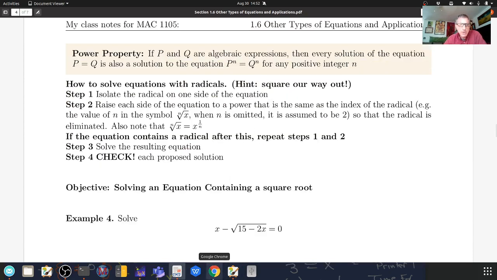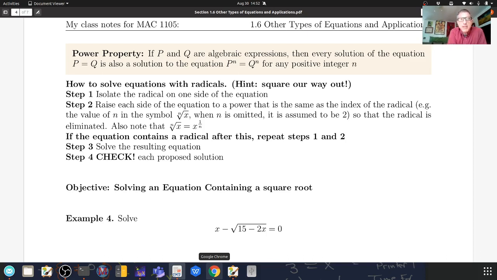So now we're going to look at another type of problem that you should have encountered in intermediate algebra, and you're going to re-encounter it again. Now I'm going to introduce the power property that's going to help us solve these. So it's an interesting property, and we have to read it through very carefully.